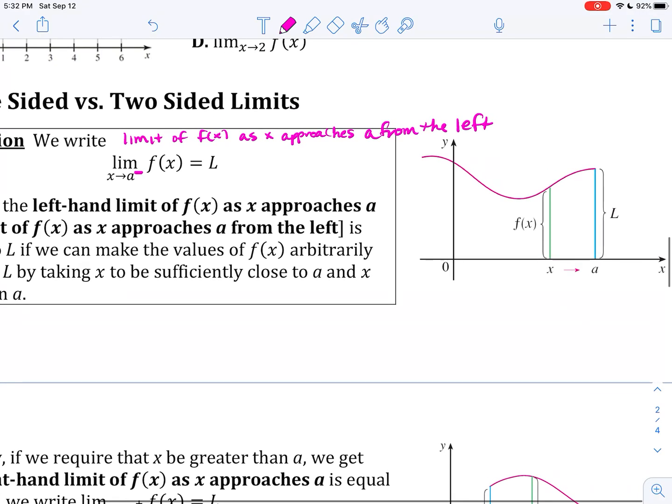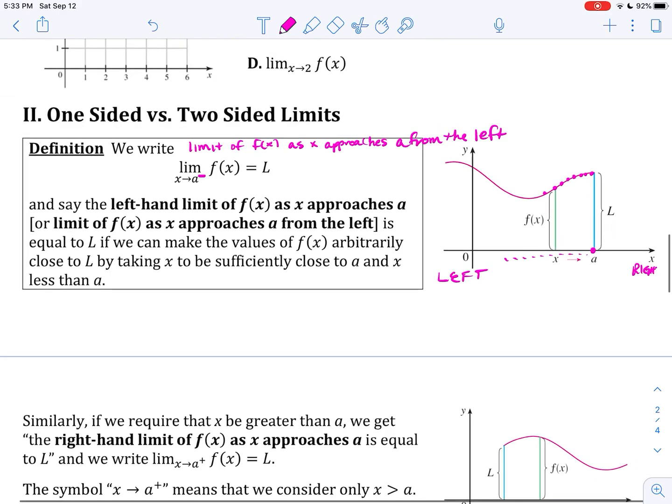So if it's from the left, this is the left of a, right? And this is the right of a. Good, so we're looking at values that are approaching from the left.